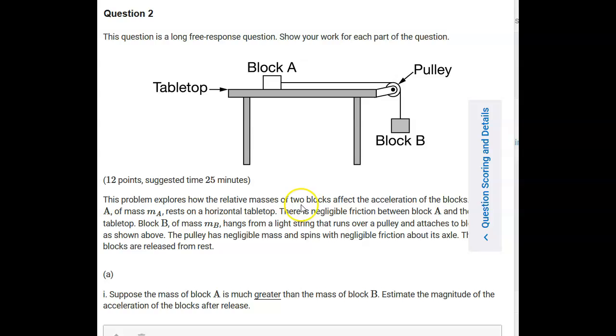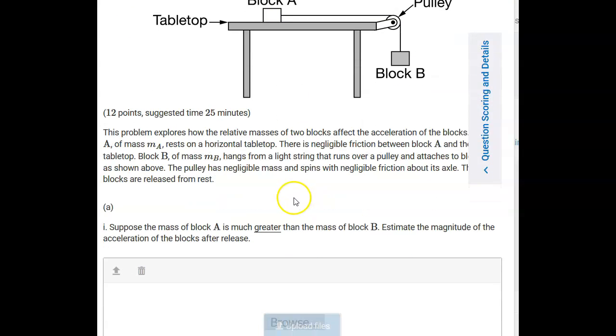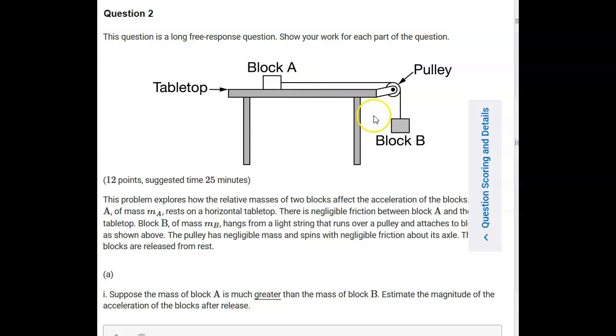Now, it is frictionless, okay? But as you get much greater, what you end up seeing is that the force of block B on A is going to start to approach being negligible.